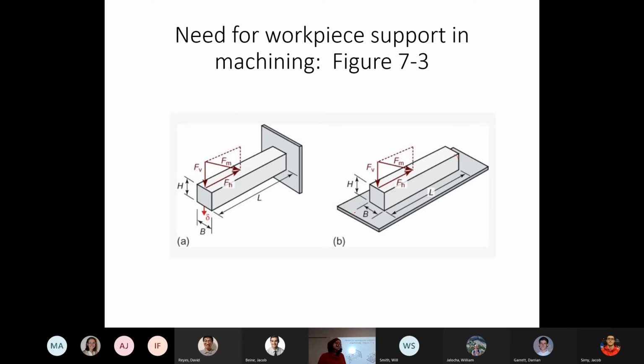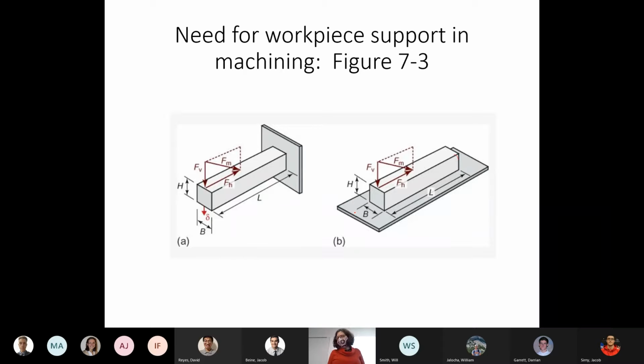And so when we consider not just the sequence of operations, but also sometimes the design of the part, sometimes we do need to get some creative fixturing to make sure that we're always supported. That is something that we can look at.